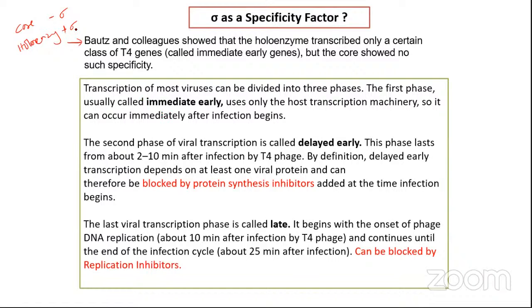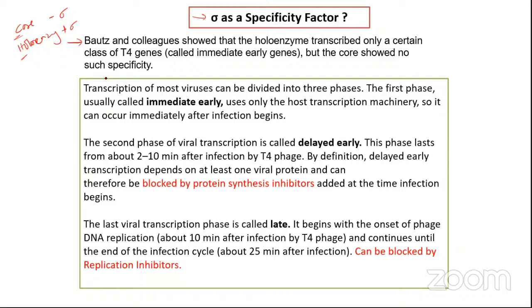Because holoenzyme was capable of doing transcription with both the broken DNA as well as the unbroken DNA, it can be considered that sigma is responsible for providing the specificity of transcription, which is perhaps attributed only to the holoenzyme and not to the core enzyme. Are we good to go ahead from this point? Yes?